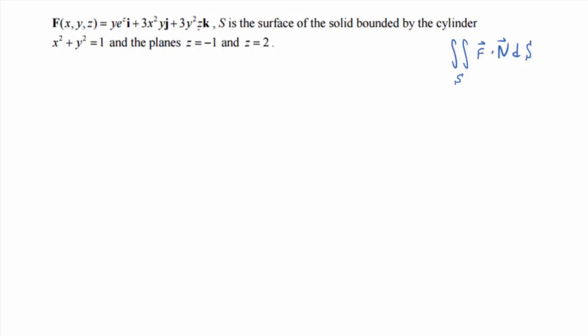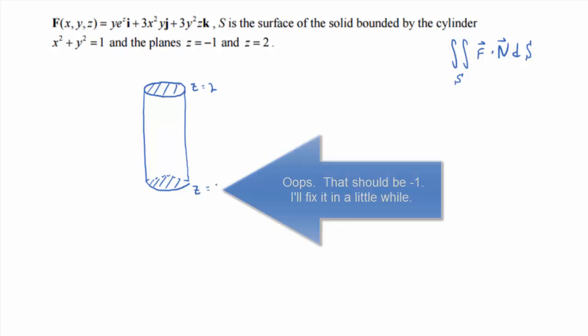So the good news then is, we could use, I suppose, 3 different flux integrals to represent this, right? Because if you draw this cylinder, say this end is at a height of z equals 2, and this guy down here is at a height of z equals -1.